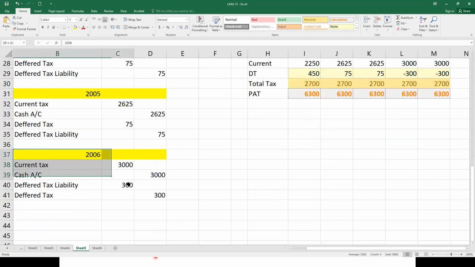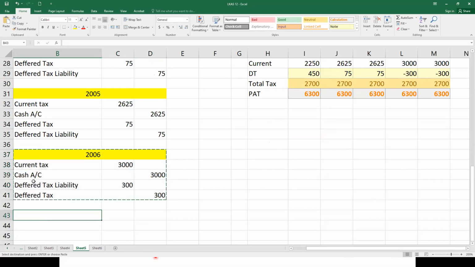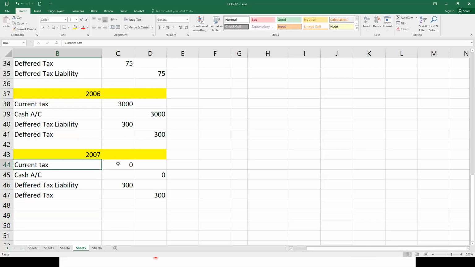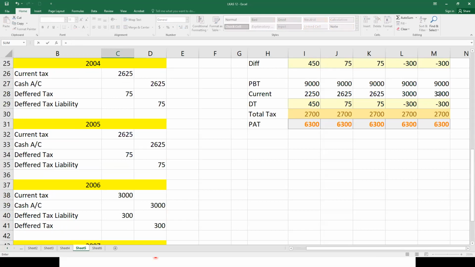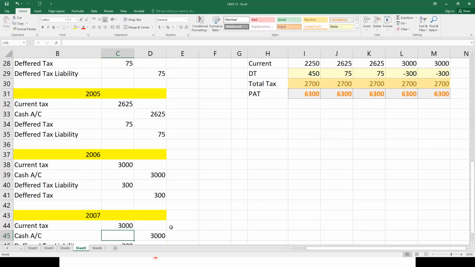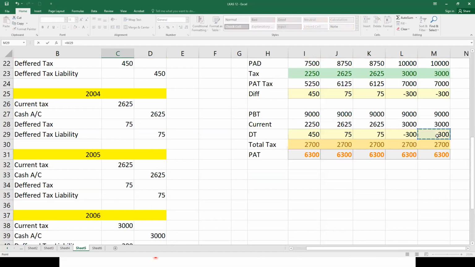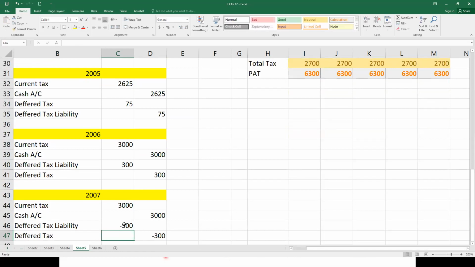The same thing, right? In 2007, current tax equals 3,000, and the deferred tax minus 300. Minus 300 means deferred tax liability 300, and deferred tax 300.